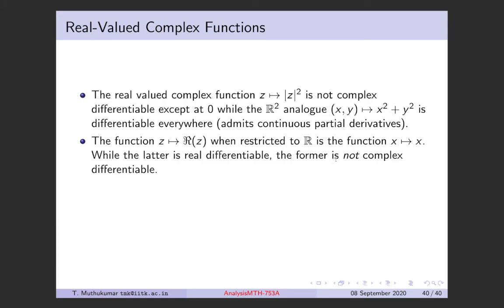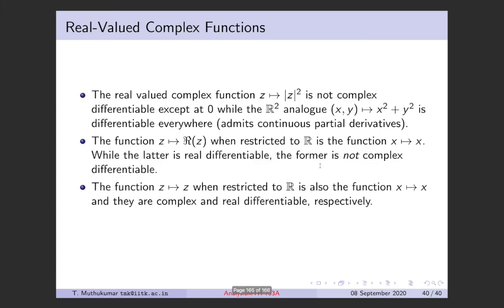So you actually have a non-differentiable extension of a real differentiable function. Whereas if you choose z going to z, the identity map on C, that is a nice extension of this identity map on R, right? So this is a good extension, and this is what I talked about, analytic continuations and so on.